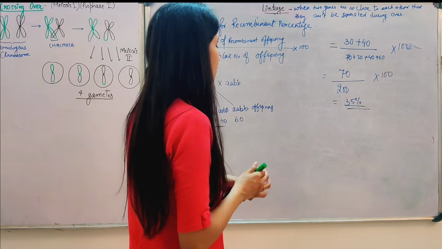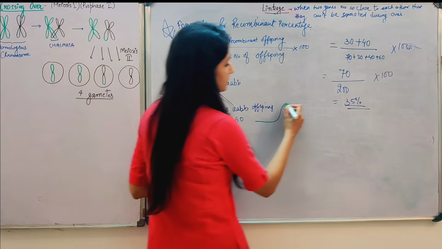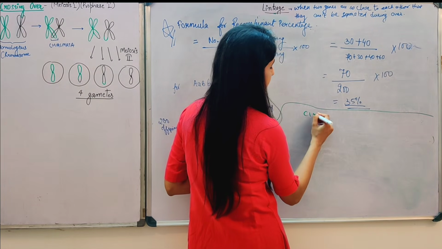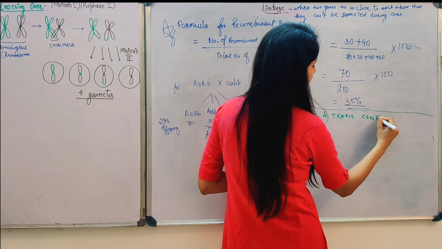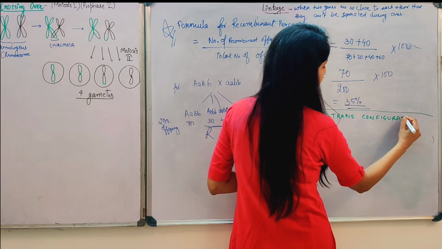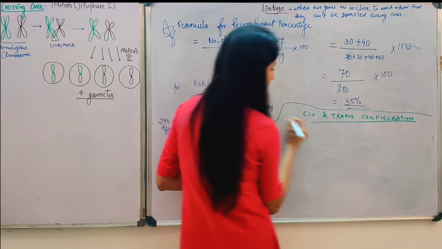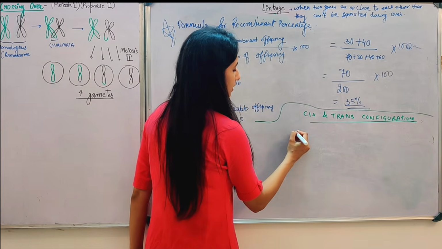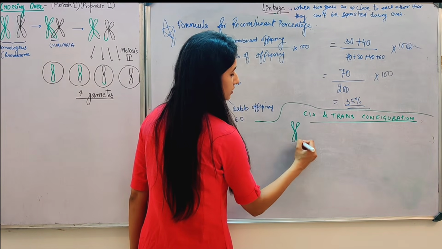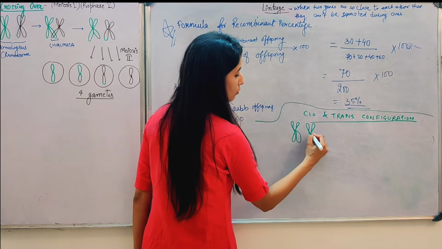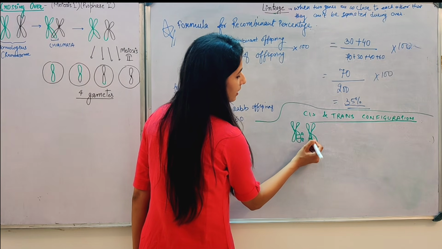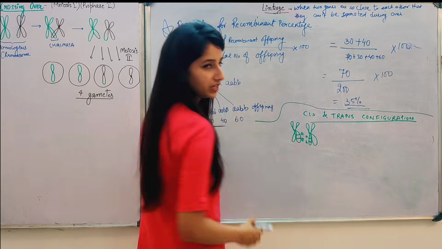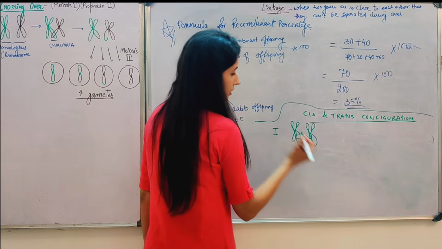Next very important point is cis and trans configuration. If I give you two conditions, in the first condition, these are the two homologous chromosomes. In this one only dominant genes are present and in this one only recessive genes are present. This is the first condition.